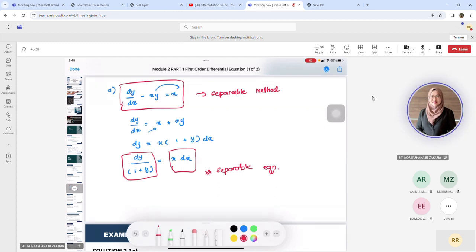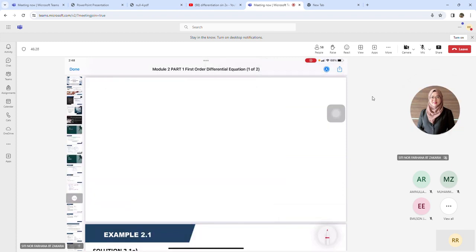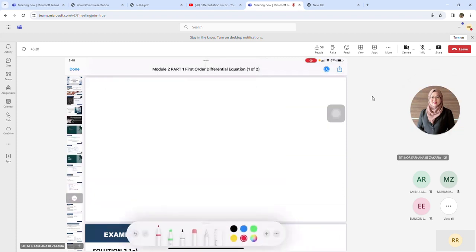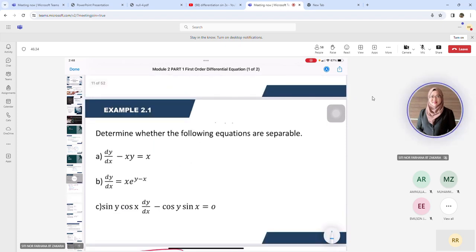Okay. Let's do 2.1b. The differential equation dy over dx equals to x exponential y minus x.